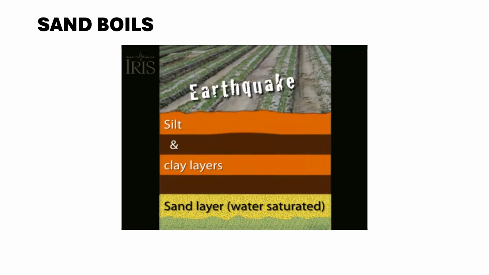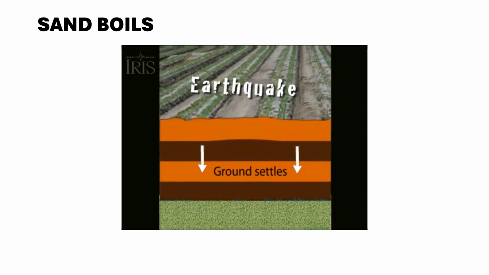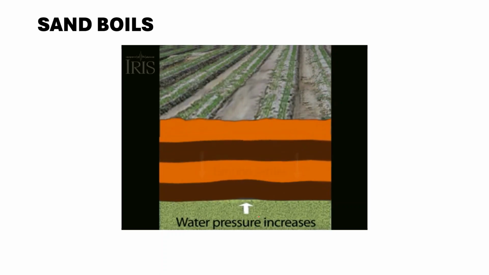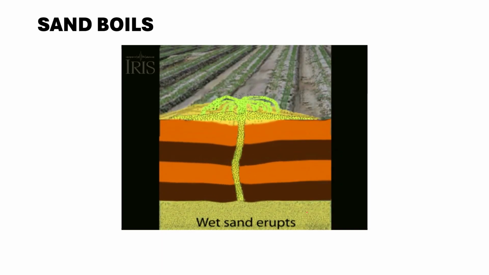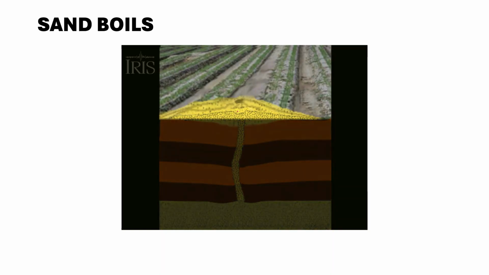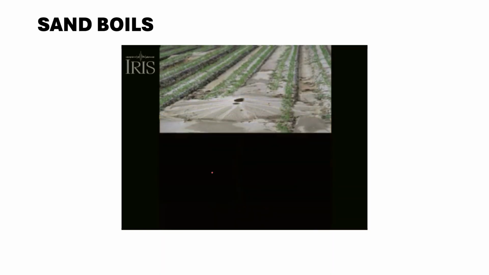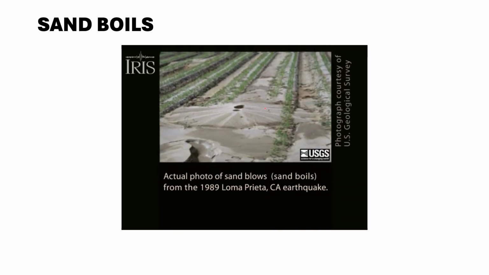So this is a cross section of this area. When an earthquake strikes, the ground is settling down, water pressure is increasing, and a weak zone is created, and whatever liquefied wet sand is there is coming out. In reality, it manifests like this. They had just shown it as an animation. This is from the Loma Prieta earthquake in 1989.